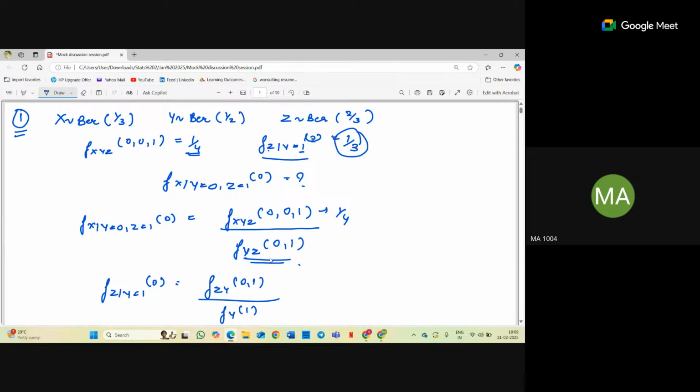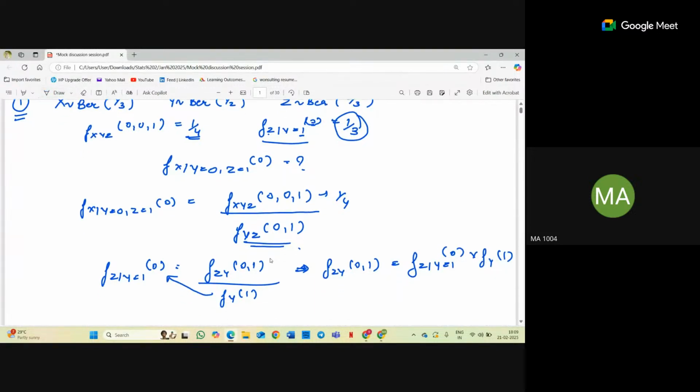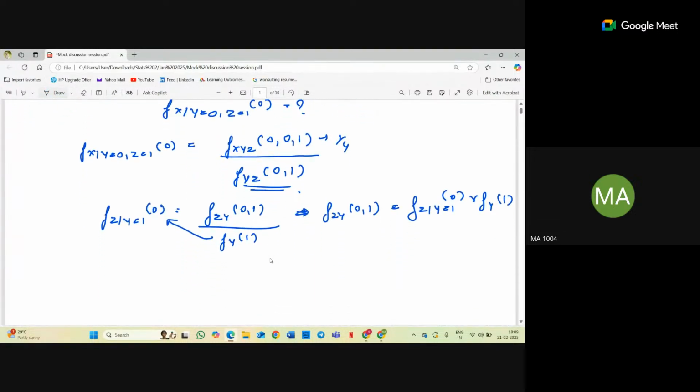Now we have to find this value. If I multiply this side, I will get f(z, y) at (0, 1) as f(z given y equals 1) at 0 into f(y) at 1. Is it fine till here?